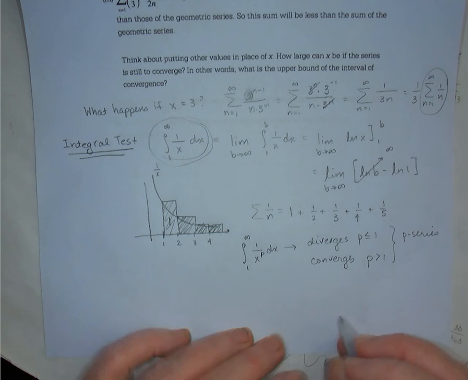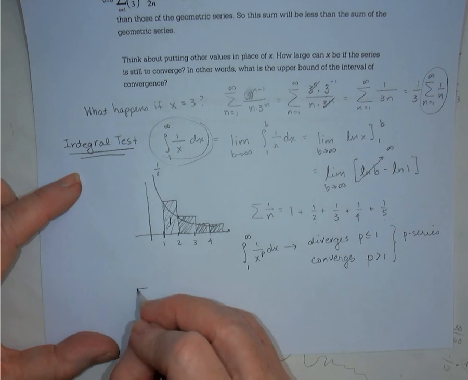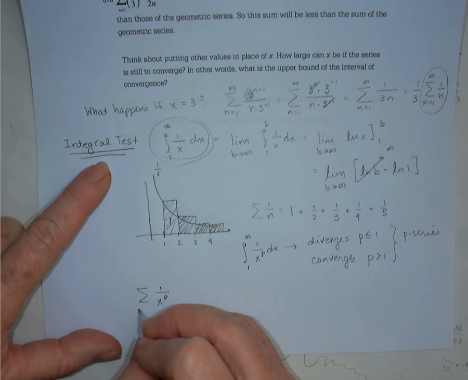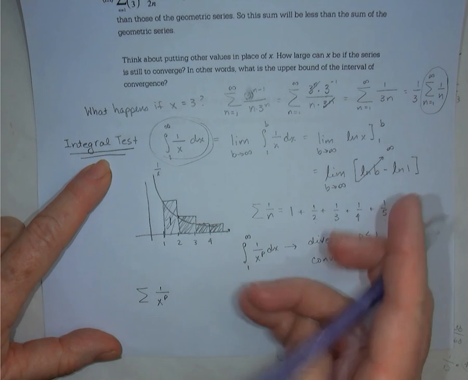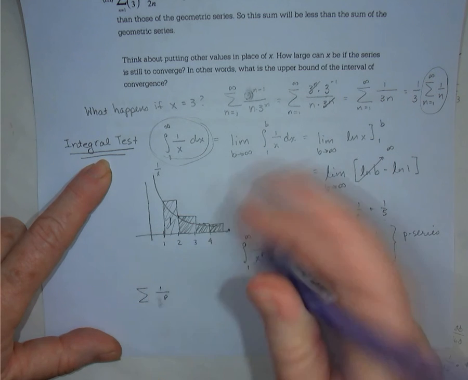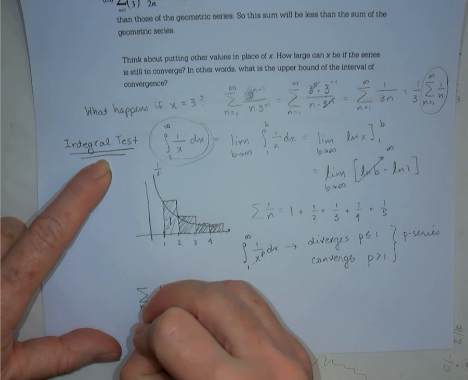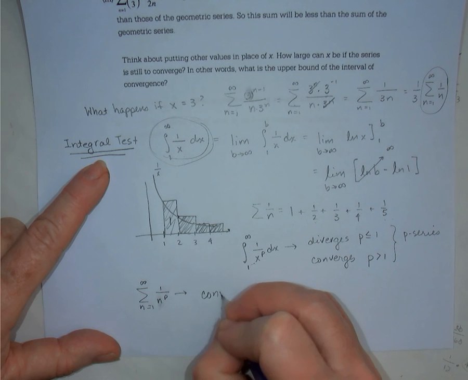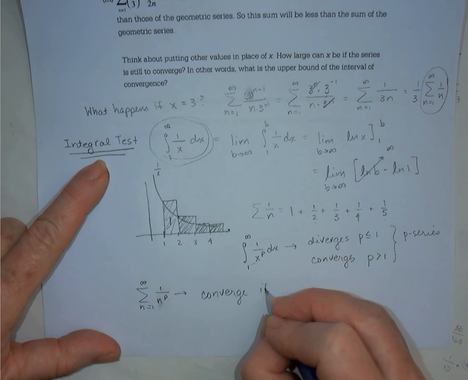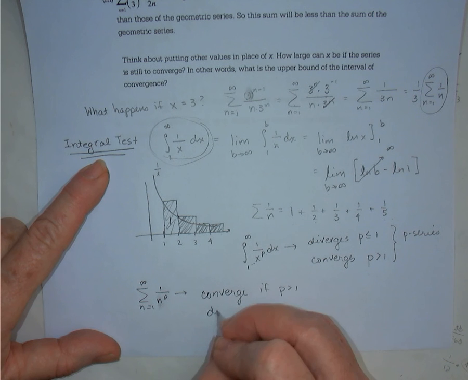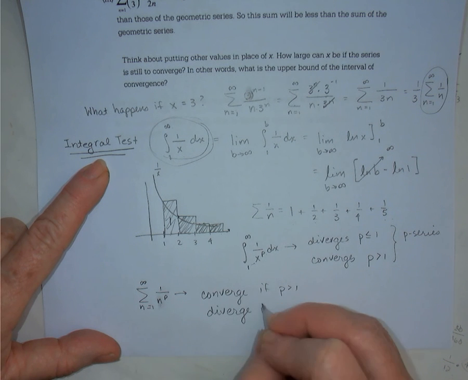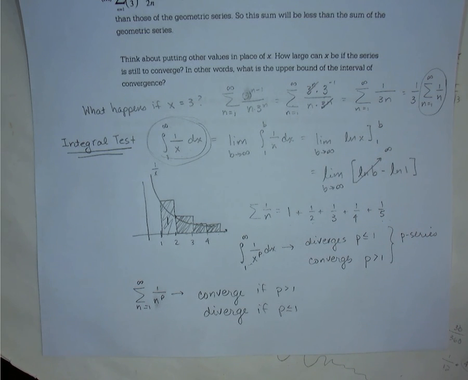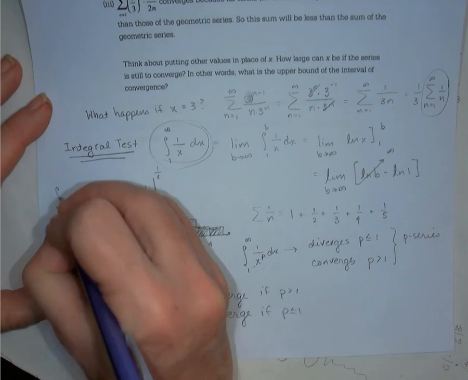And with our summation, we can talk about the same thing. Basically, we're using the integral test. Whoops, I meant n to the p. As n goes from 1 to infinity, we know this is going to converge if p is greater than 1, but diverge if p is less than or equal to 1. And again, we can use the integral test to come back.